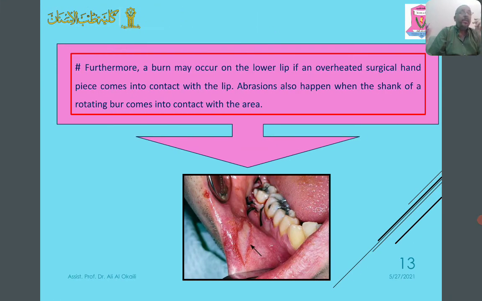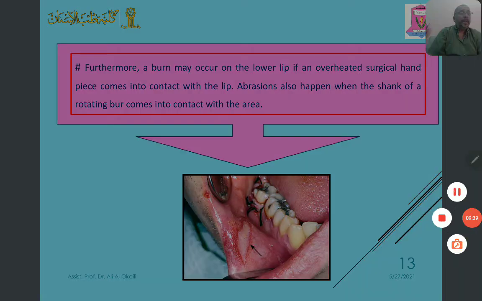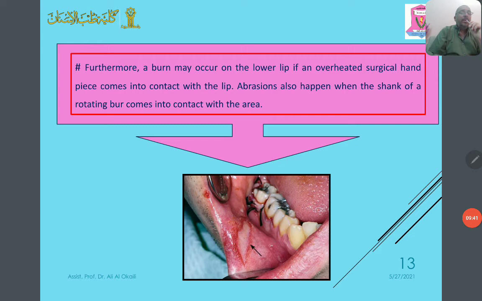Furthermore, a burn may occur on the lower lip if an overheated surgical handpiece comes in contact with the lips. أحيانا يصير عندك surgical extraction فأنت مندمج بالسكشنينج of the tooth وما تشوف إلا البير يكون حار شوية باللب فيسوي لك burning للـ adjacent soft tissue.